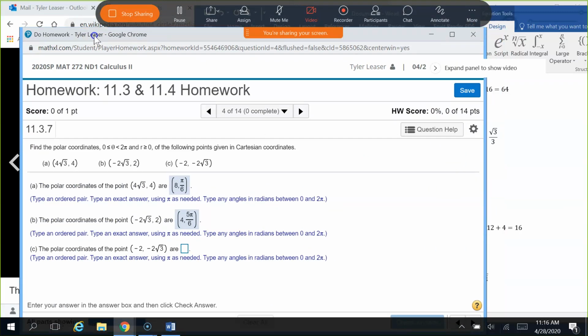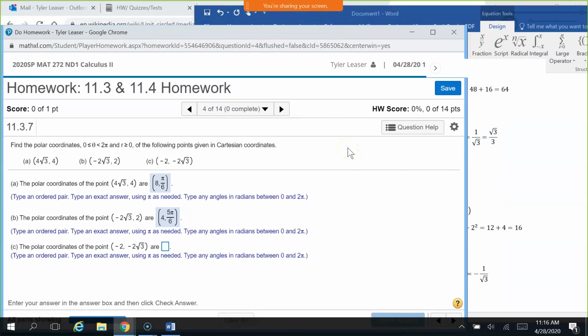Okay, any other homework questions from this chapter 11 stuff?